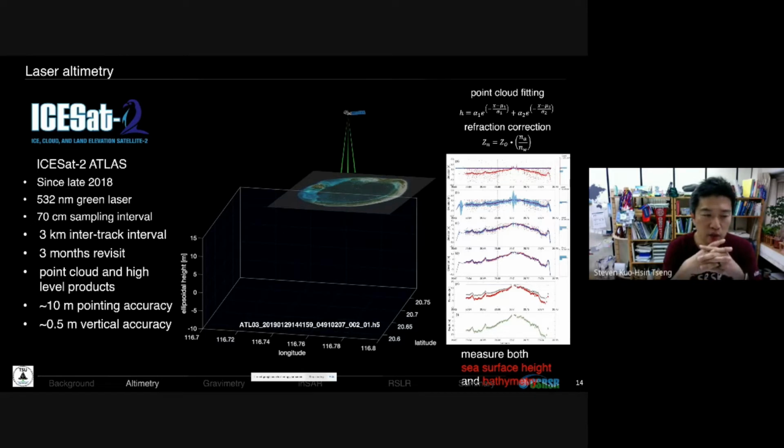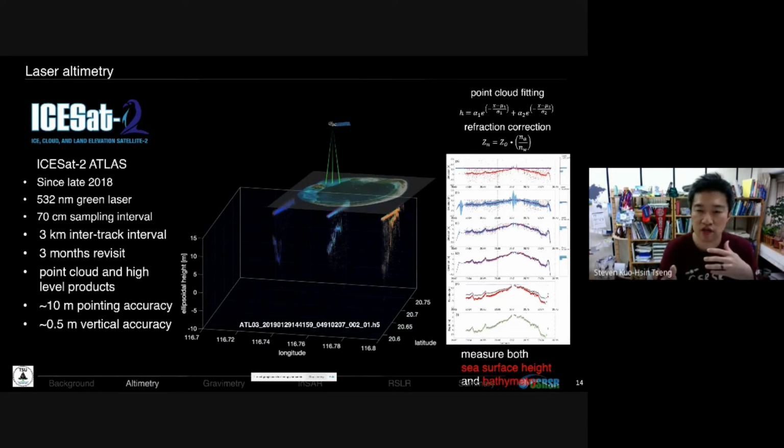And the point cloud can be used to derive a lot of products. For example, the right-hand side is what we have also done in our lab. We use the laser altimeter. Let me play this animation. I don't know if you can have a good streaming of this video.